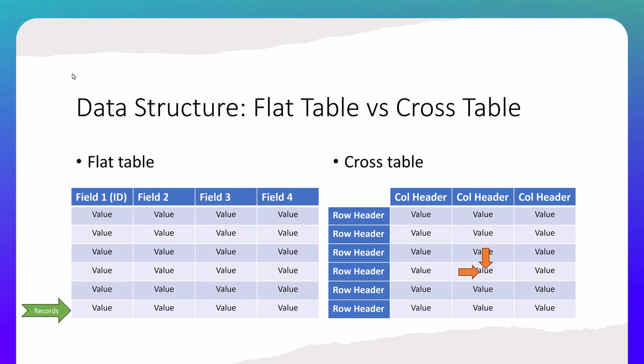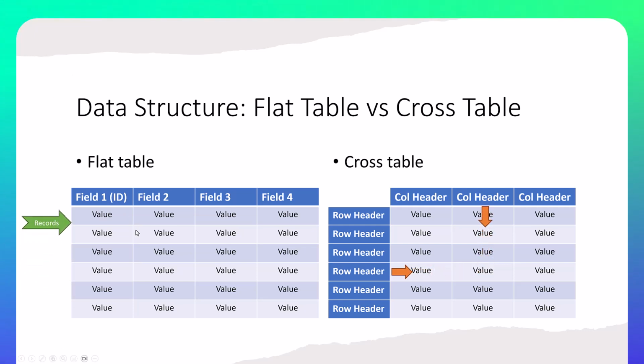So the one on the left side, the flat table, is similar to a database table, and you get the full information when you read the whole row, and the whole row is called a record. Imagine an employee table. Each row actually contains the information on just one employee.